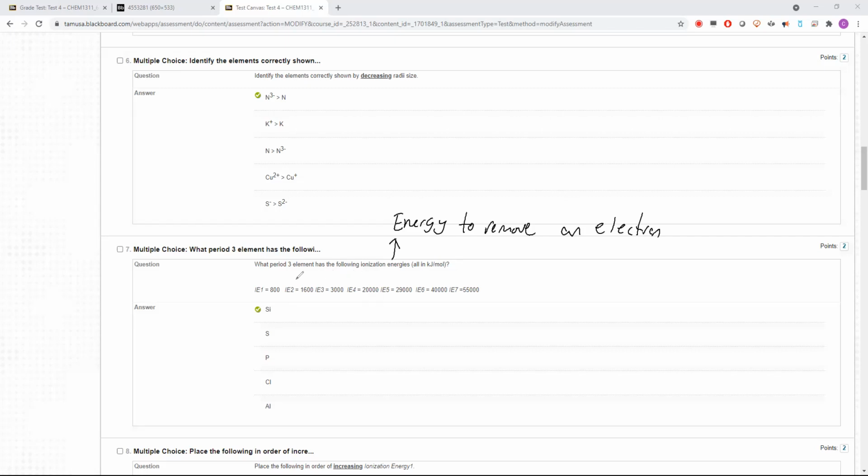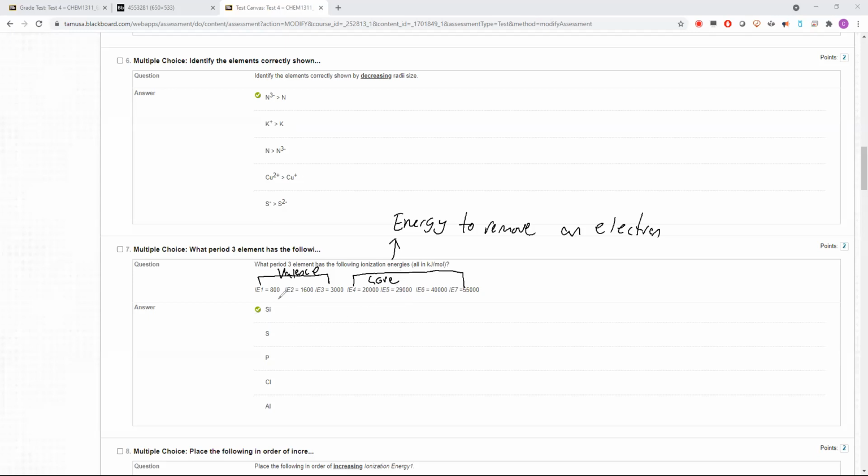However, valence electrons are relatively easy to remove, and core electrons are really hard to remove. So what this is saying, 1, 2, 3, 4.